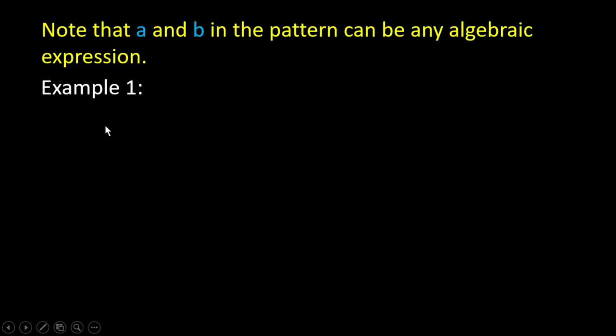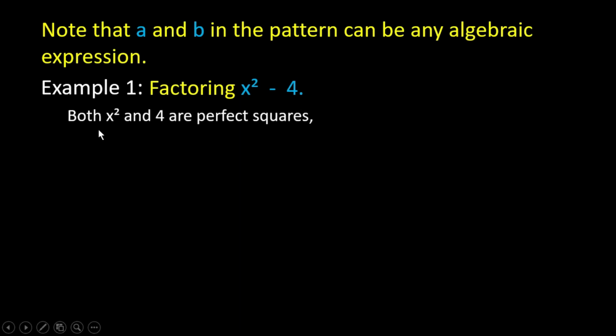So halimbawa, para sa una nating halimbawa guys, factoring x squared minus 4. Both x squared and 4 are perfect squares. So, paano natin malalaman na yung x squared at saka 4 ay perfect squares? Ganito yan.